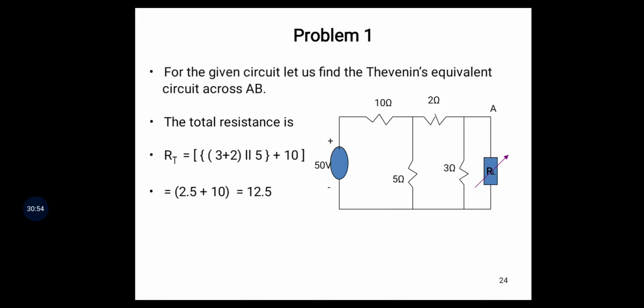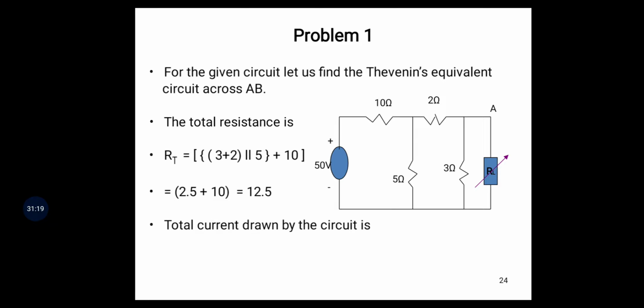Here the total resistance RT equals 3 plus 2. These two are in series. It is in parallel with 5, so 3 plus 2 parallel with 5 gives 2.5, in series with 10 ohms.